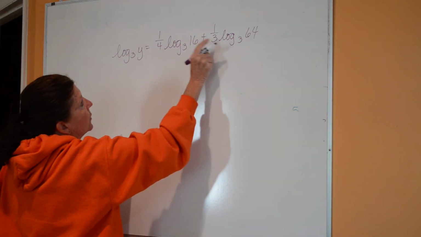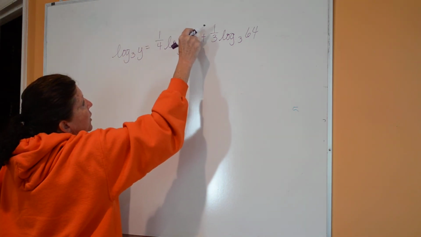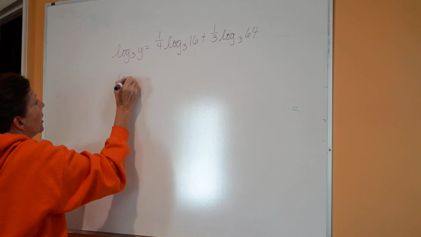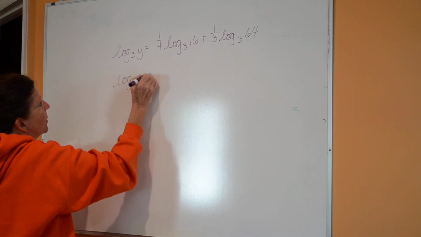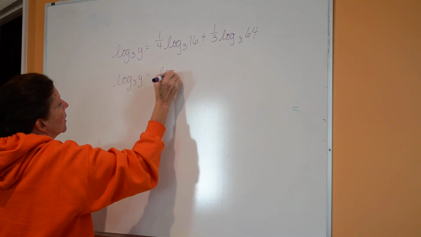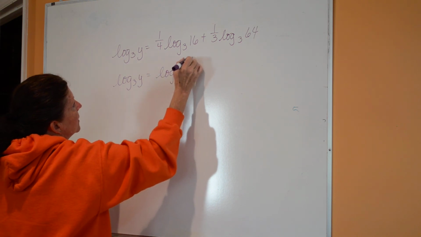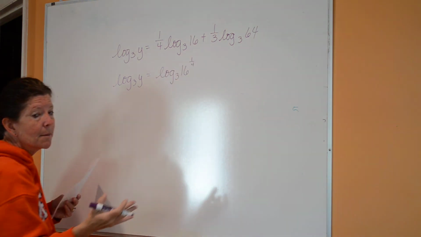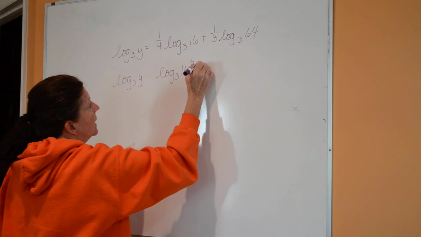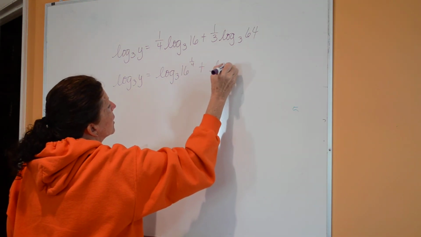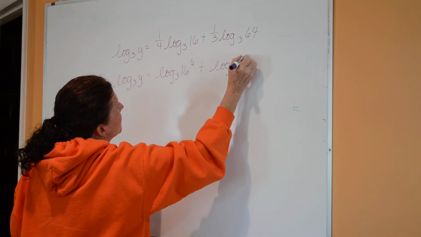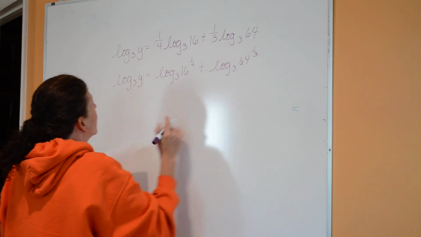All right, the 1/4 and the 1/3 are in front of the log, so they can be put on the back of the number as an exponent. So I have the log base 3 of 16 to the 1/4 power, which is the same thing as the 4th root of 16, plus the log base 3 of 64 to the 1/3 power.